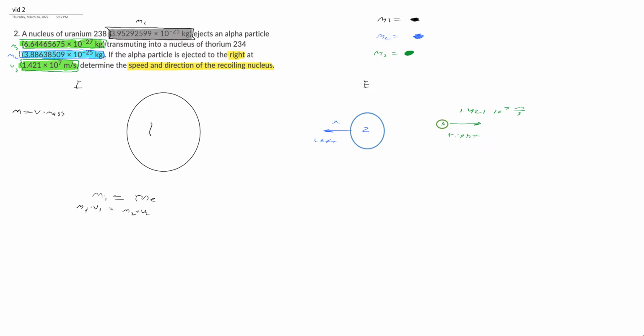Sorry, that should be a times, not a plus. This is what you get for doing all your physics homework at once. Plus the mass 3 times velocity 3. That's a times again. Don't want to make the same mistake twice.